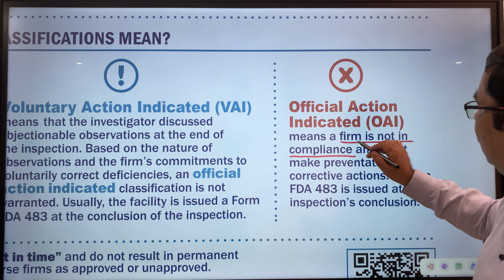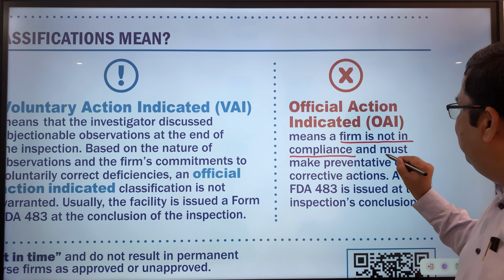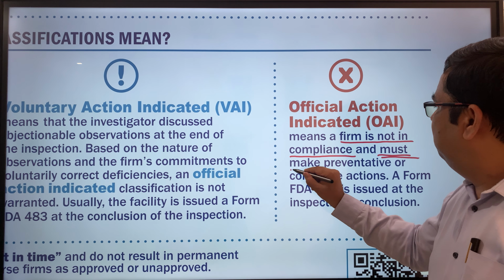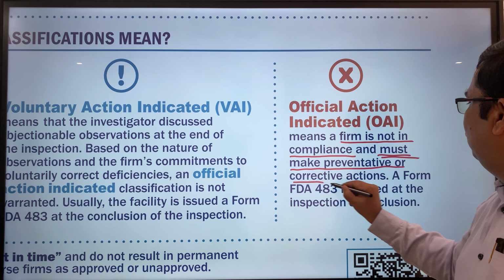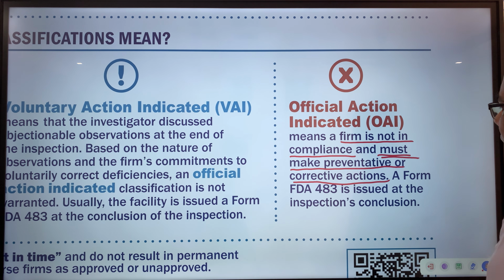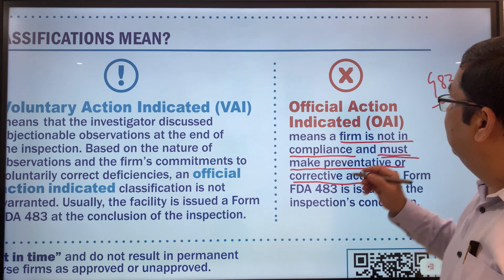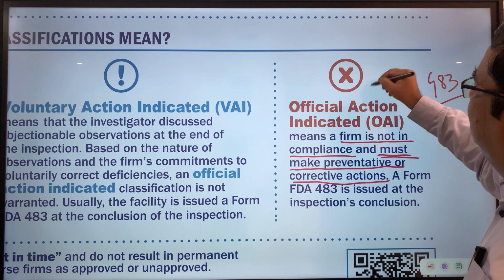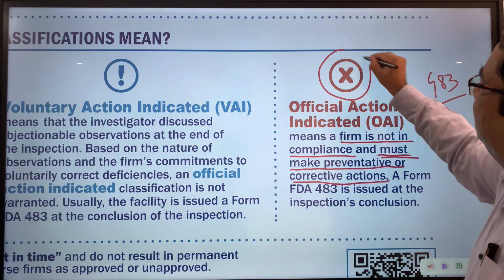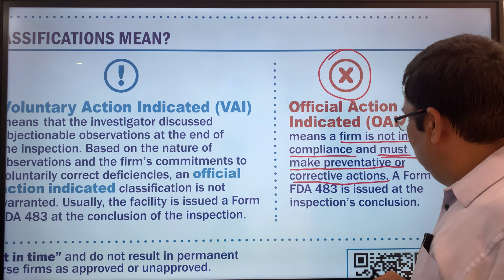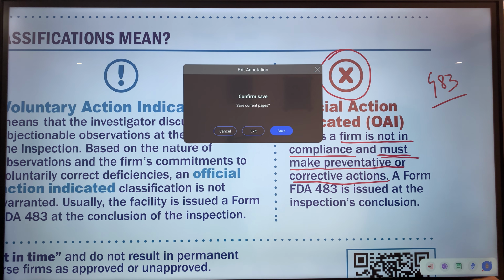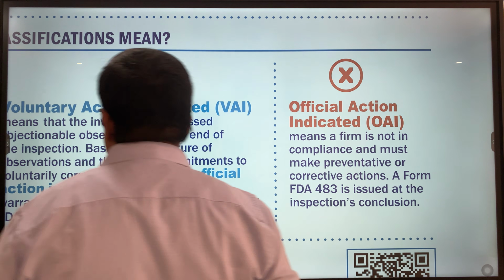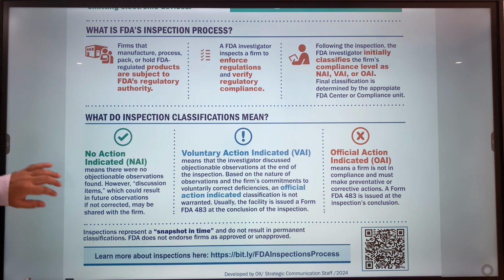OAI means the firm is not in compliance and must take preventive or corrective actions. Here also the 483 form is issued. But here this is more important, and that is the reason FDA has marked this. You can see this, right? So these are the three categories of observations shared by the FDA.